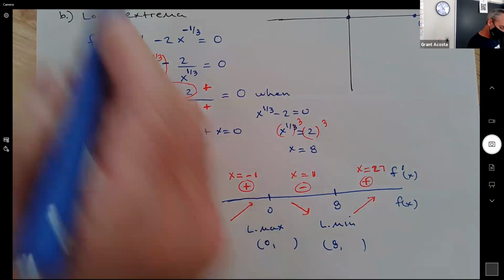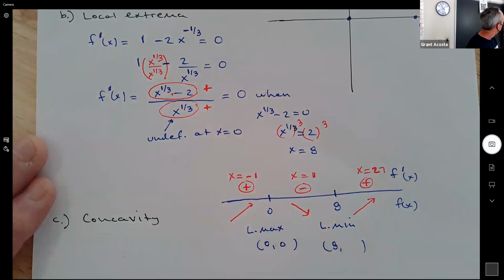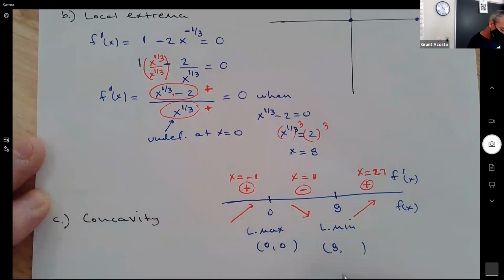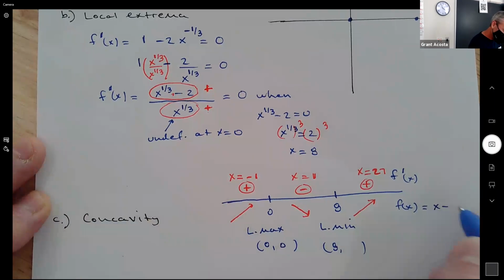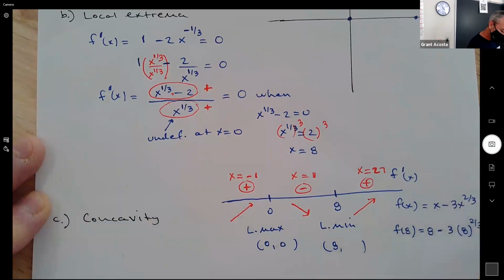Well, 0 was one of our intercepts, so we've got that one. Let's try plugging in 8. You know what? I'll deal with the concavity later. Remember, my function was x minus 3x to the 2/3. So if I were to plug in 8, I'd get 8 minus 3 times 8 to the 2/3.